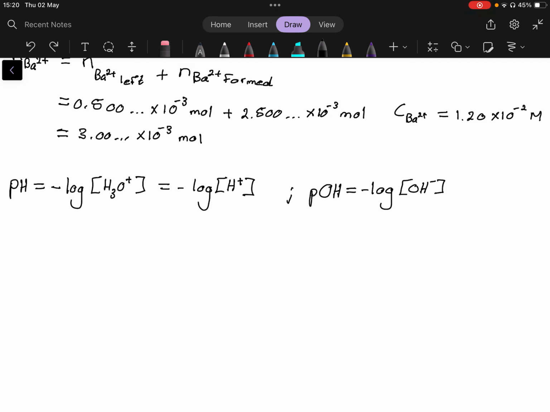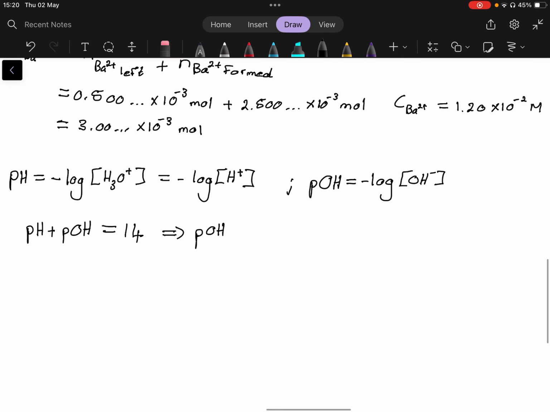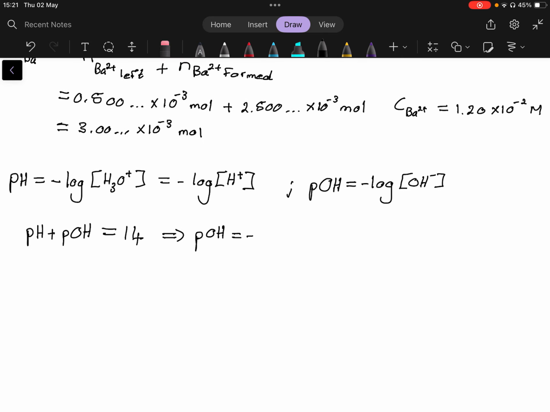There is a special relationship between pH and pOH. The pH scale goes until 14, and these two must always sum to 14. In other words, if we calculate the pOH, we calculated the concentration of hydroxide just here. So we can calculate the pOH as minus log of the concentration of hydroxide.